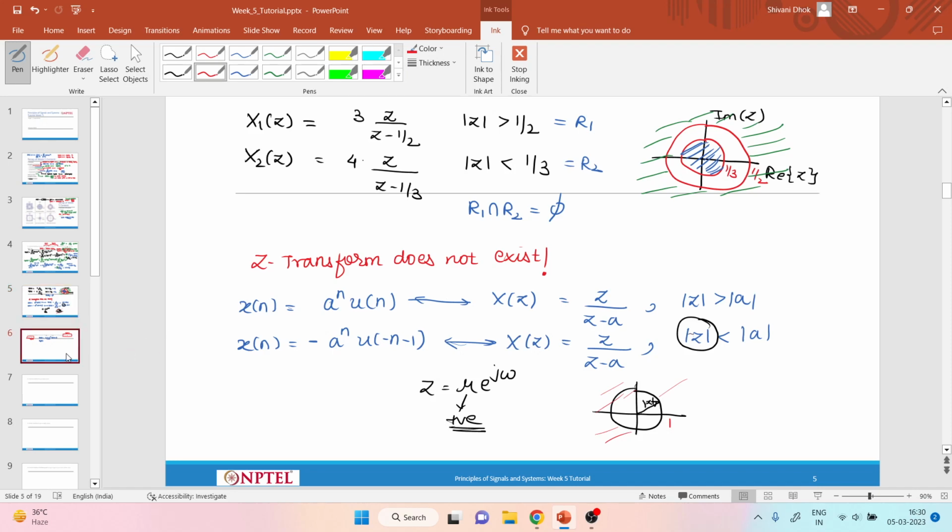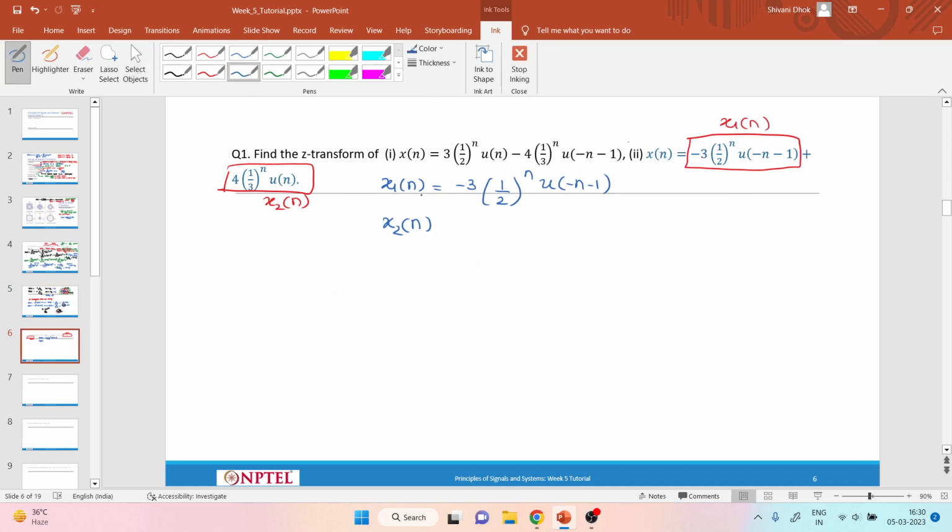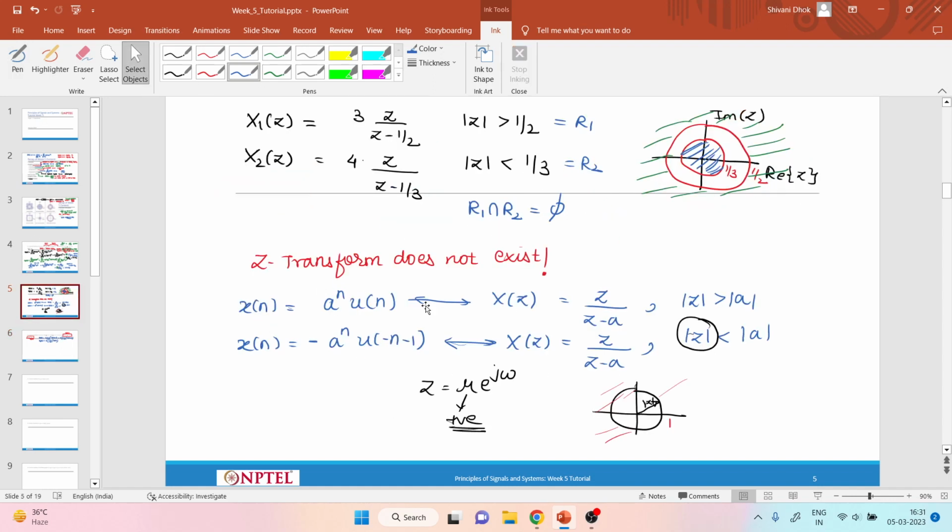Okay, thank you. So let's get back to this question. So x1 of n is of the form minus 3 into 1 by 2 power n u of minus n minus 1. Again, this I can simply write as 3 into minus of 1 by 2 power n u of minus n minus 1, and x2 of n is of the form 4 into 1 by 3 power n u of n. Now we have seen that both of the signals have this general form.